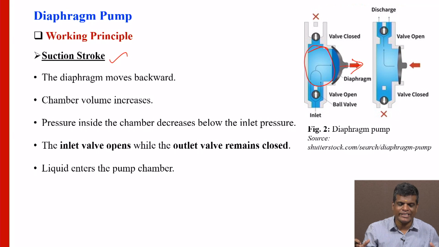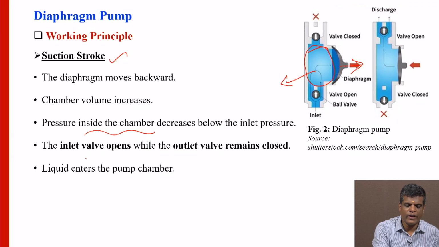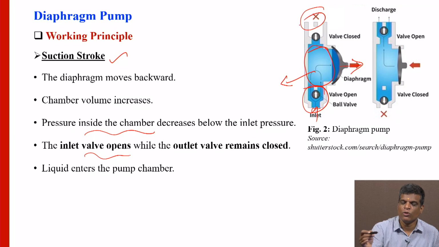Once the volume increases, automatically the pressure inside the chamber decreases. Once it decreases below the inlet pressure, automatically the inlet valve opens here, but the outlet valve remains closed. So now the liquid enters the pump chamber.